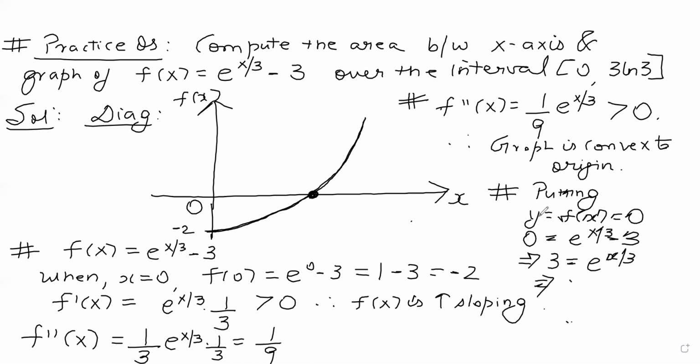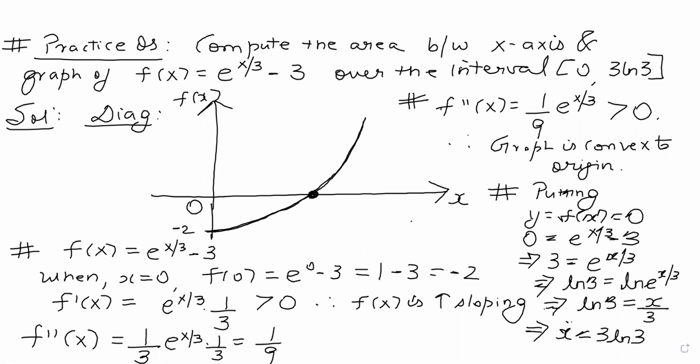If I take log on both sides, ln 3 is equal to ln e to the power x by 3. Now all of us know, guys, ln e is equal to 1, so ln 3 is equal to x by 3. So what is my x? My x is nothing but 3 ln 3.